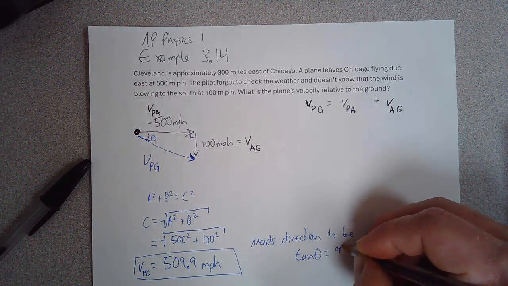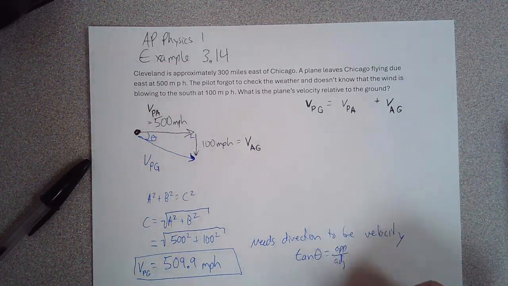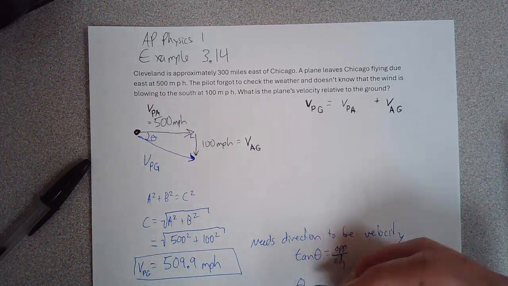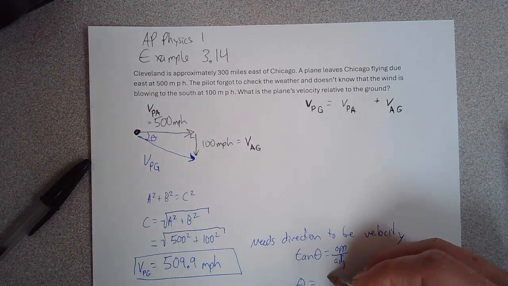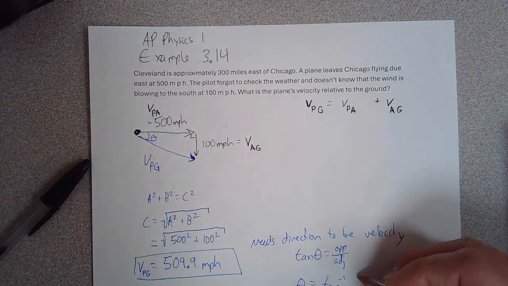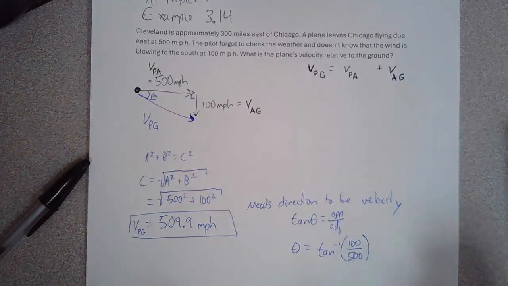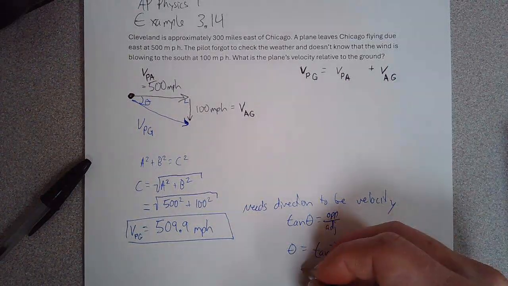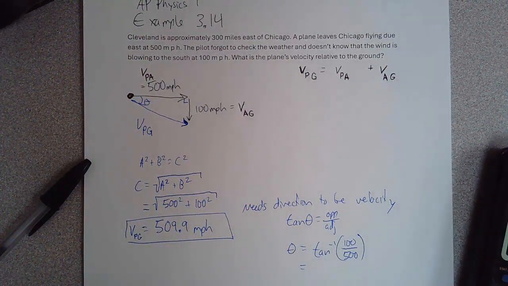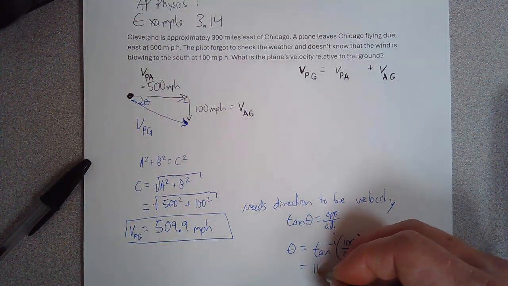And then to get theta, I'm going to take the inverse tangent of both sides. Make sure my calculator is in degree mode. And that will give me 11.3 degrees.